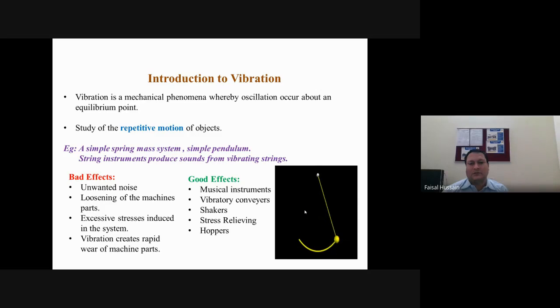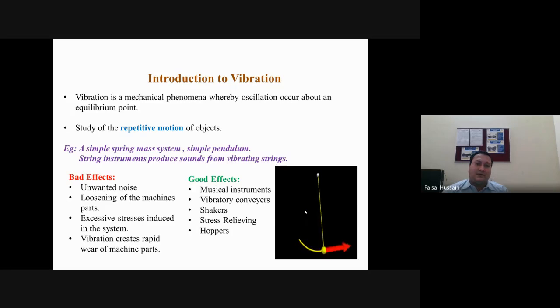First, we will see the good effects: musical instruments, vibratory conveyors, shakers, stress relieving equipment, hoppers.